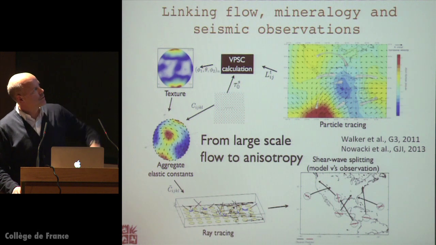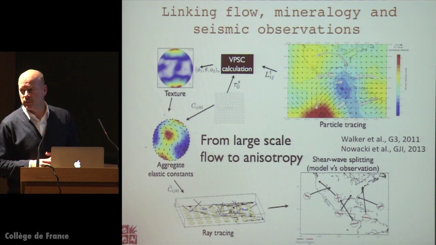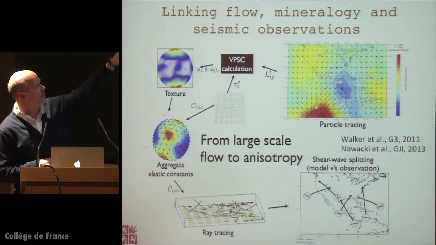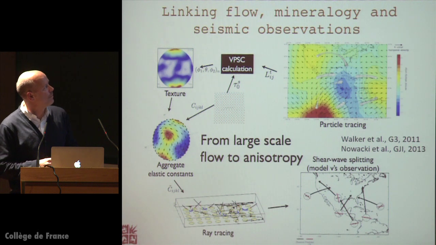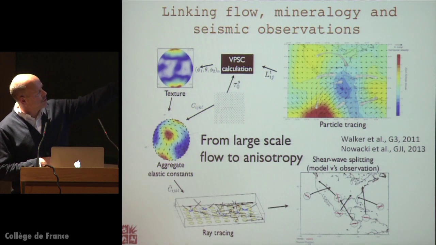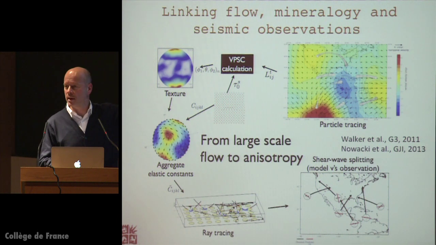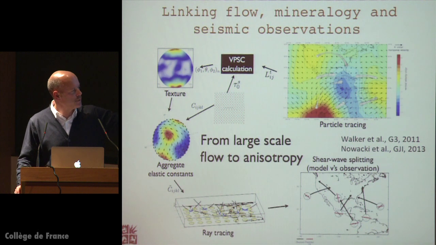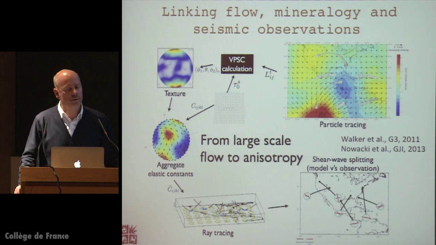From that, we do a viscoplastic self-consistent calculation of the lattice preferred orientation of the post-perovskite, and that allows us to predict a texture. That's a pole figure in the upper right of the orientation of the A-axis of post-perovskite. Then we do a Voigt-Reuss-Hill averaging to get the elastic constants, and once we've got that, we can build a seismically anisotropic model that we can ray trace through. And then the final step is to compare those predictions to the observations.